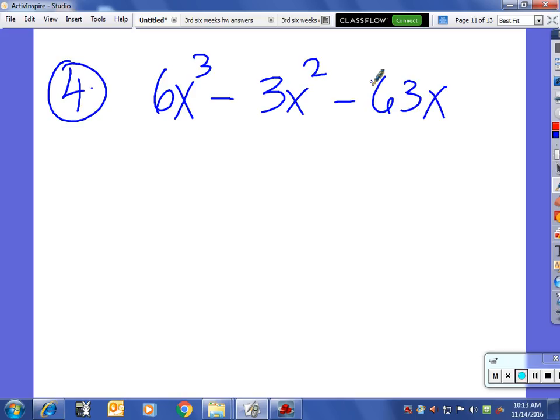Switch it out. But I also need to take out something else besides an x. What else? A 3. Everything up here is divisible by 3.